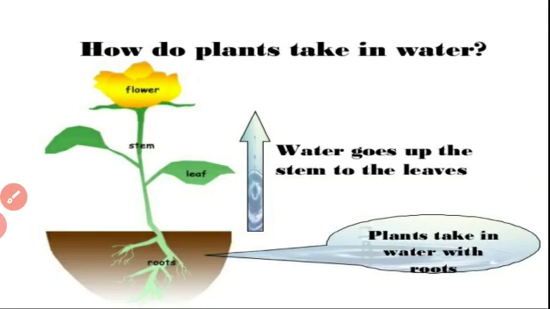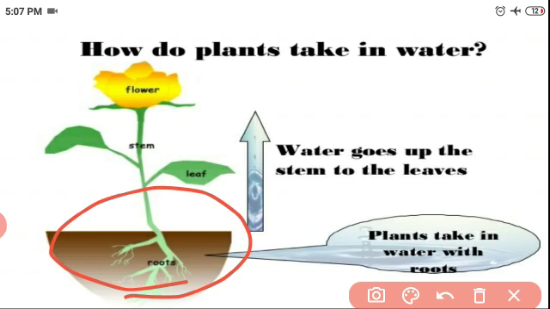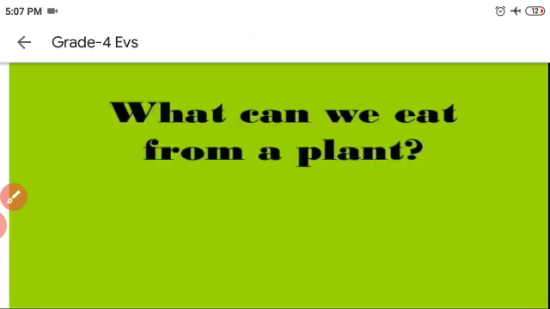In this diagram you can clearly understand how the plants and the different parts of plants get water and nutrients. Here this is root. Plants take in water with roots. From roots, water goes up to the stem to the leaves. It is clearly understood, no, ma'am? Shall we go for the next one?